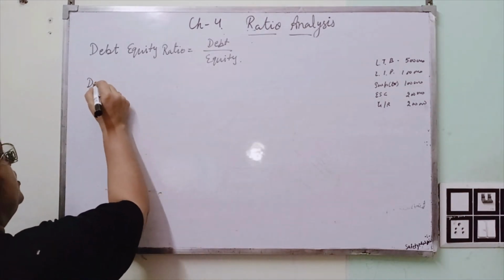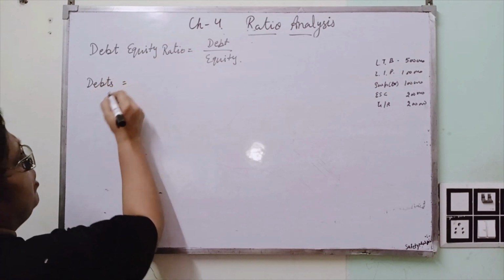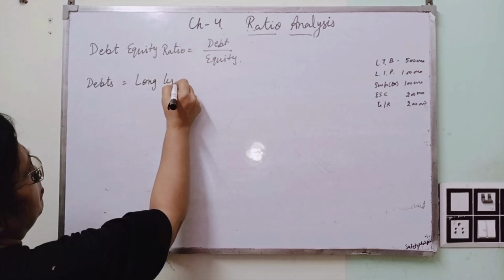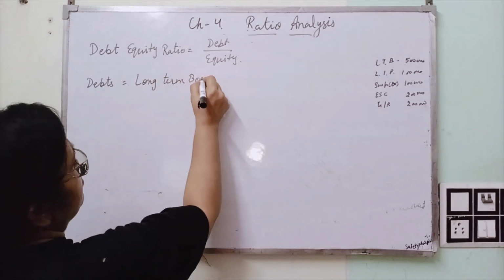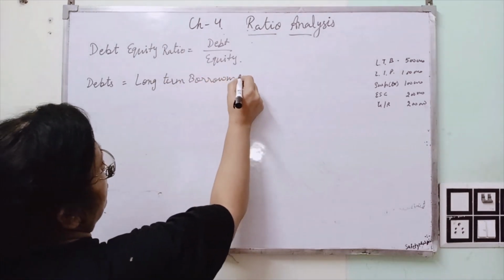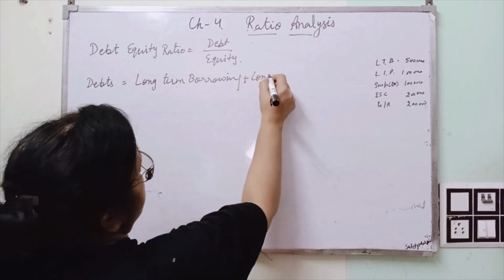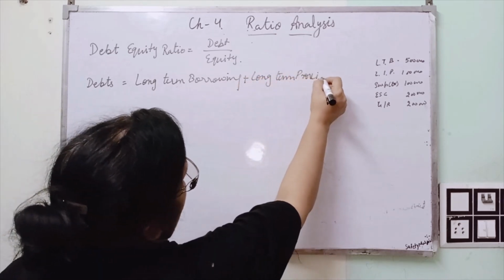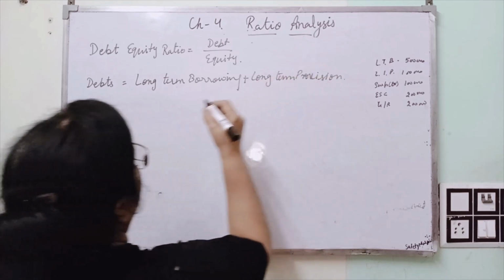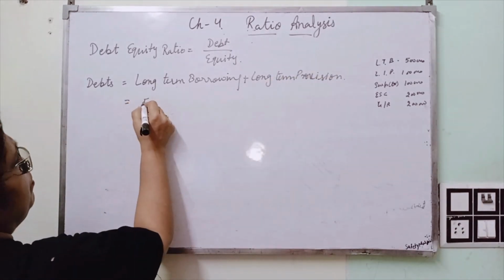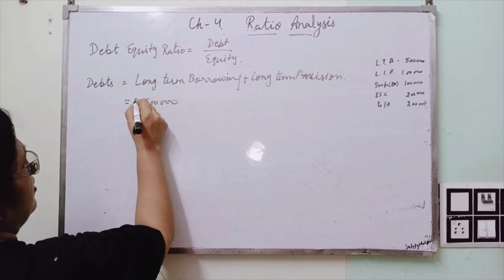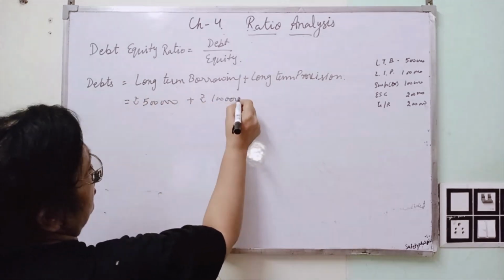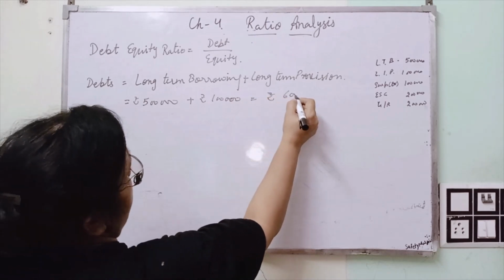Then debts is equal to, according to our question, long-term borrowings and long-term provisions, and they are given to you, 5 lakh and 1 lakh. It comes to rupees 6 lakh.